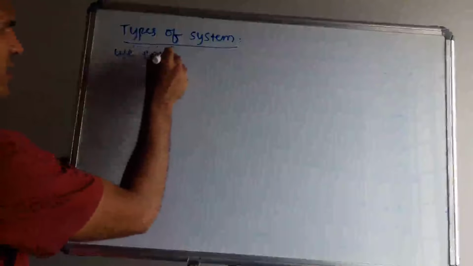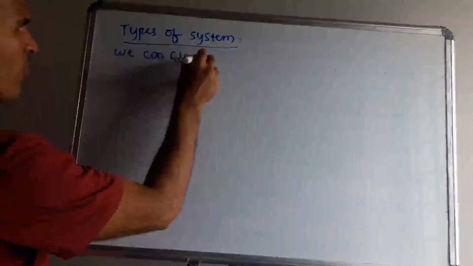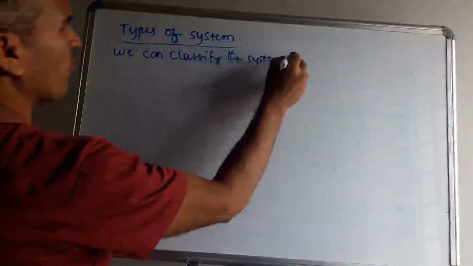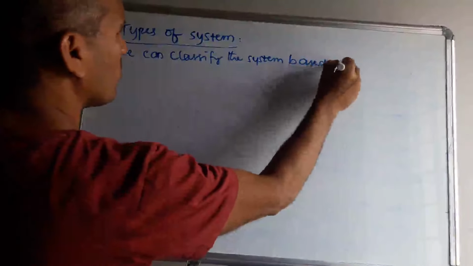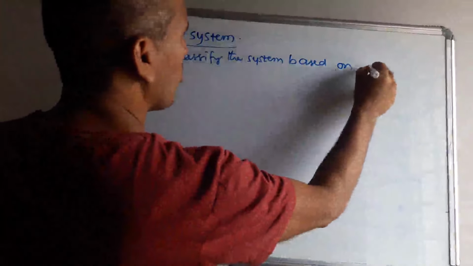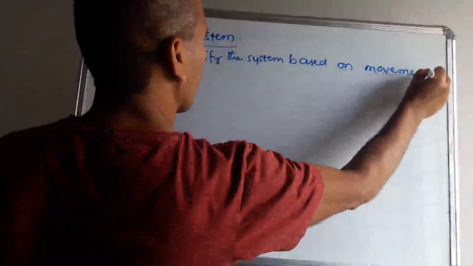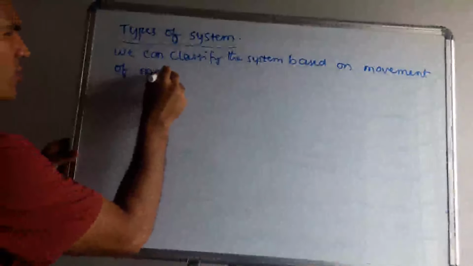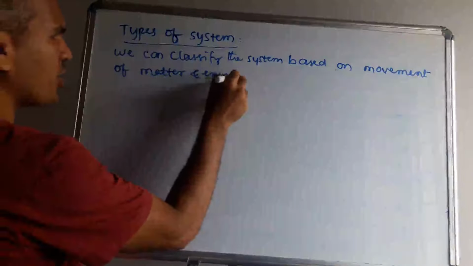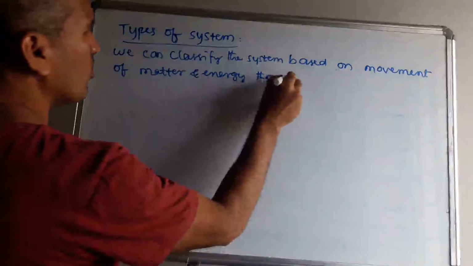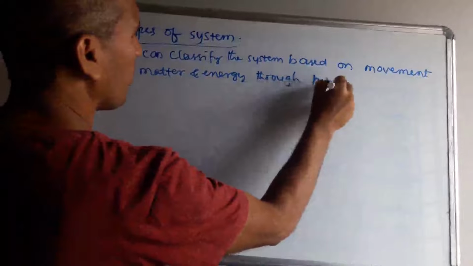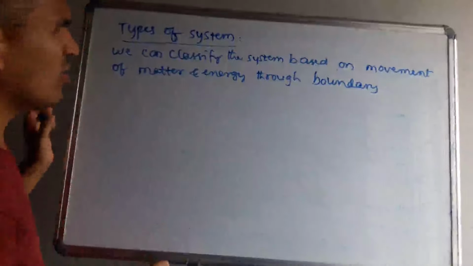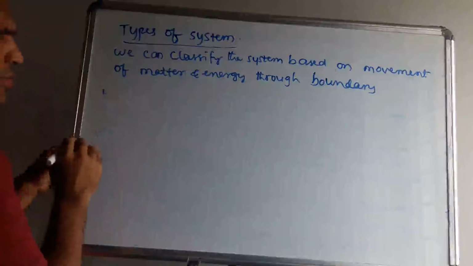We can classify the system based on the movement or transformation of matter and energy through the boundary. So based on this, we can classify it into three types.